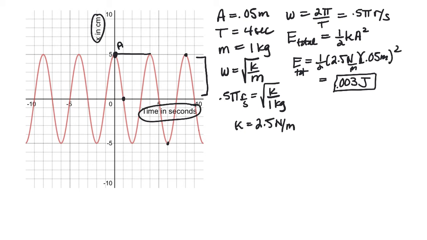So at point B, I have all kinetic energy, and so 1/2 m times v max, my maximum velocity squared, is equal to my total energy.